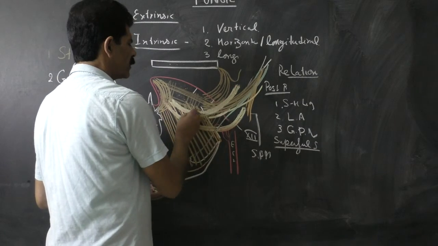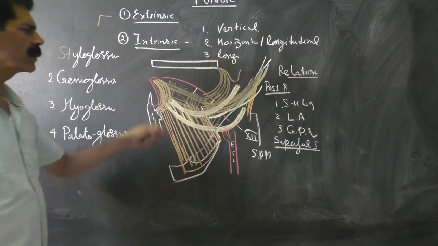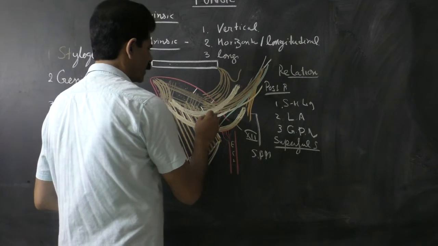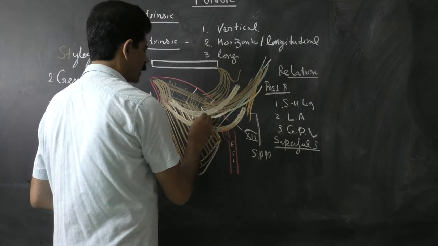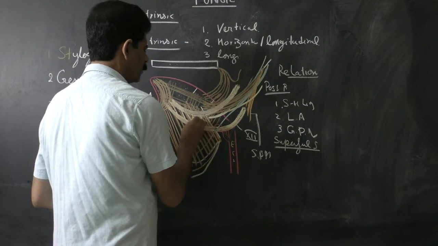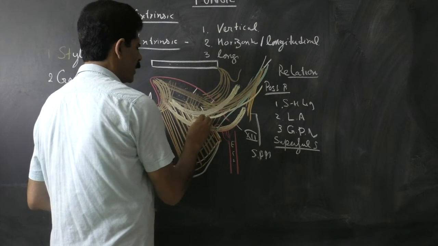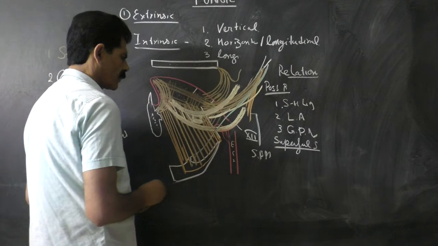The lingual nerve lies on the hyoglossus in the uppermost part, and to this lingual nerve is hanging, by two roots, a ganglion that is called the submandibular ganglion.